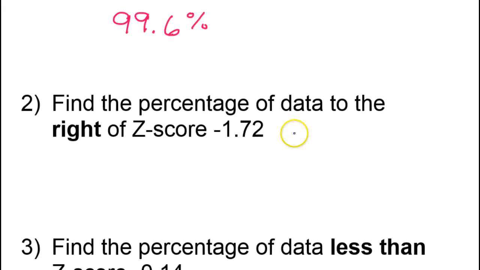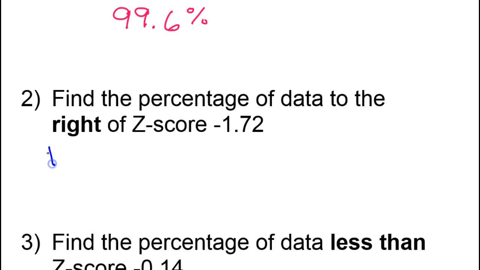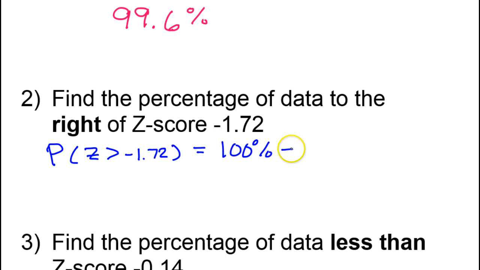So this time let's do it properly. So the percentage of z-scores to the right, so I'm going to say greater than negative 1.72 is going to equal, and so I'm going to have to subtract from 100. So 100% minus, what did you say it was, 4 point what now? 4.27?